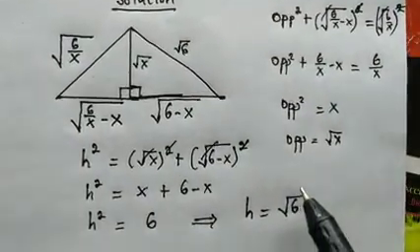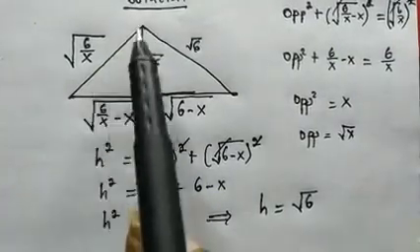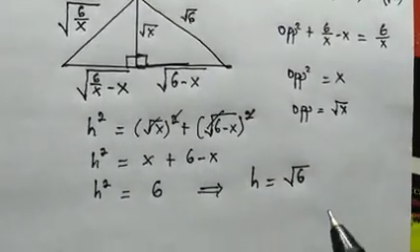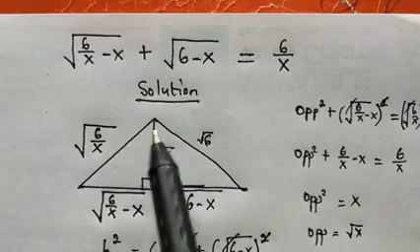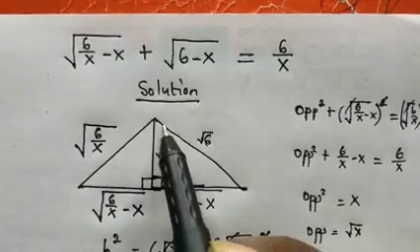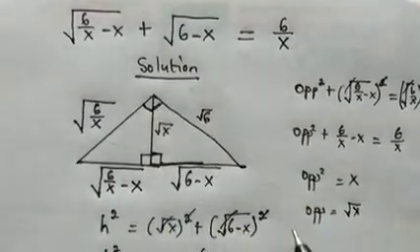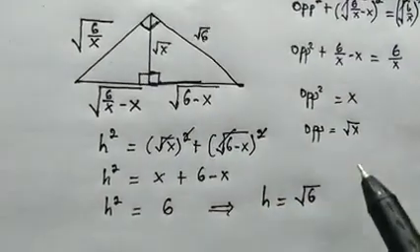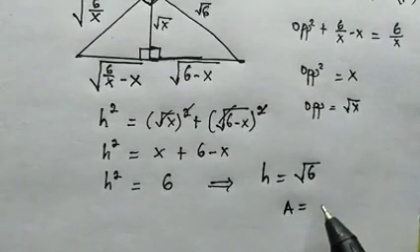Then, here we have the magic. The area of this big triangle here is going to be half times base times height. We need to prove or confirm that this is also a right angle from here. Then how are we going to do that? Let's find the area of this triangle. We know that the area of that triangle will be half times base times height.